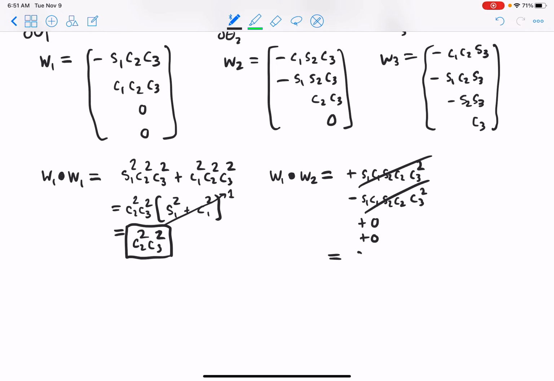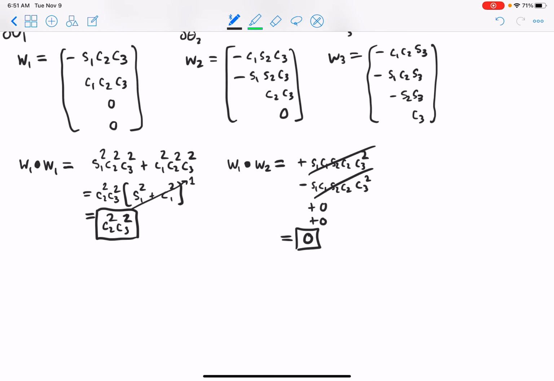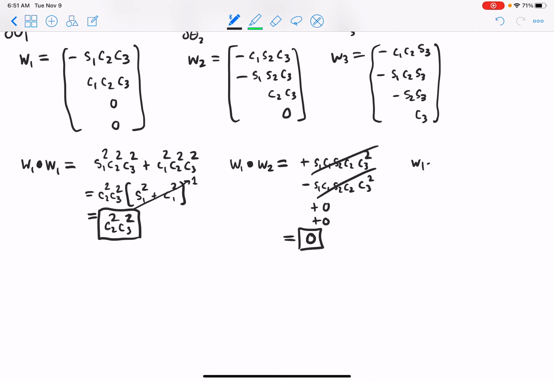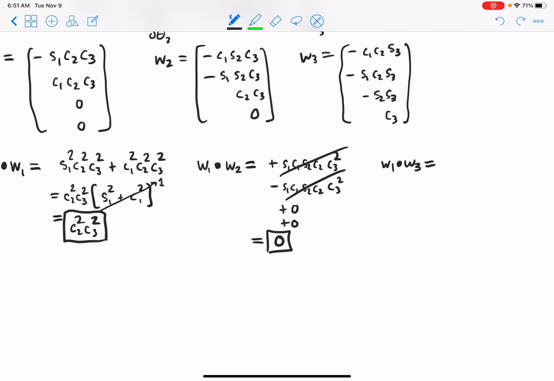And so this whole thing is 0. Wonderful. Let's take w1 dot w3. So now I'm looking at this vector and this vector. Multiply the first components and I get positive S1, C1, C2 squared, S3, C3.